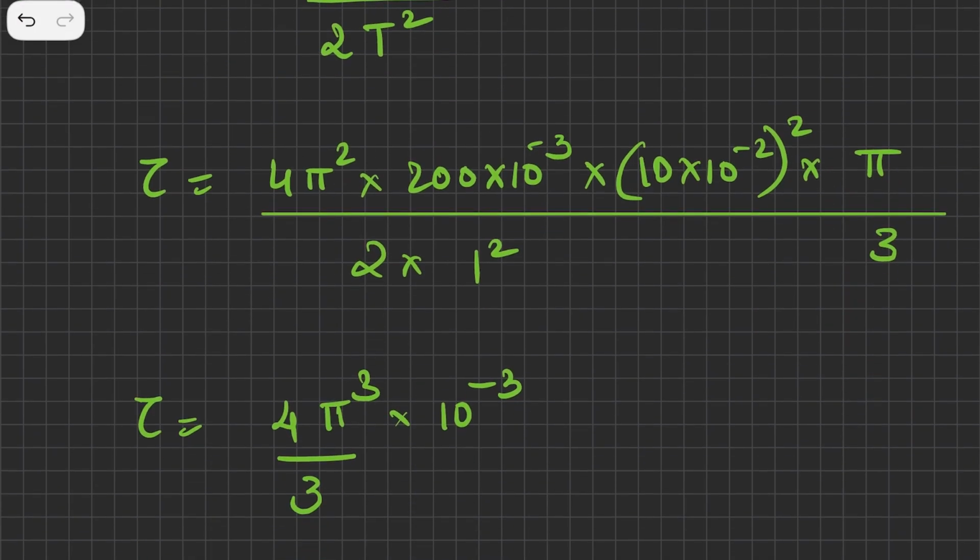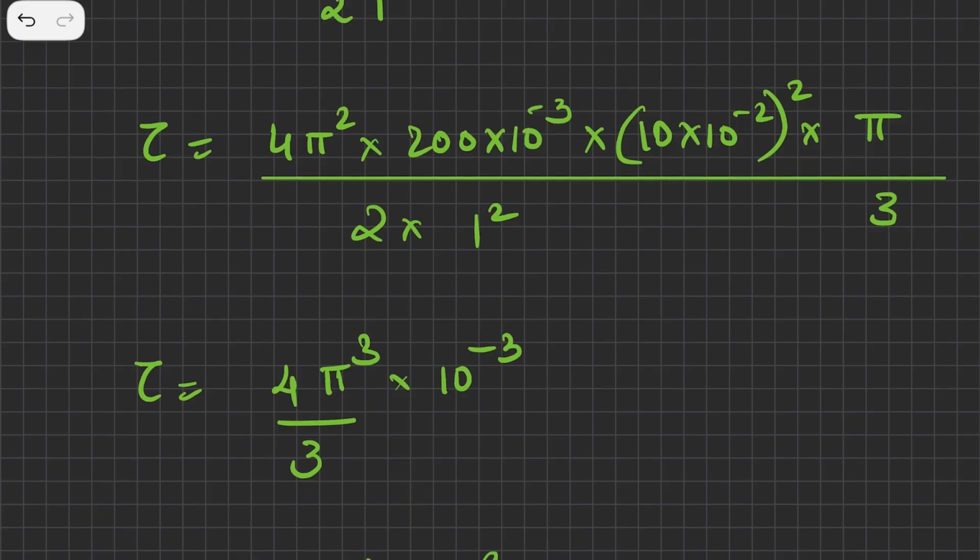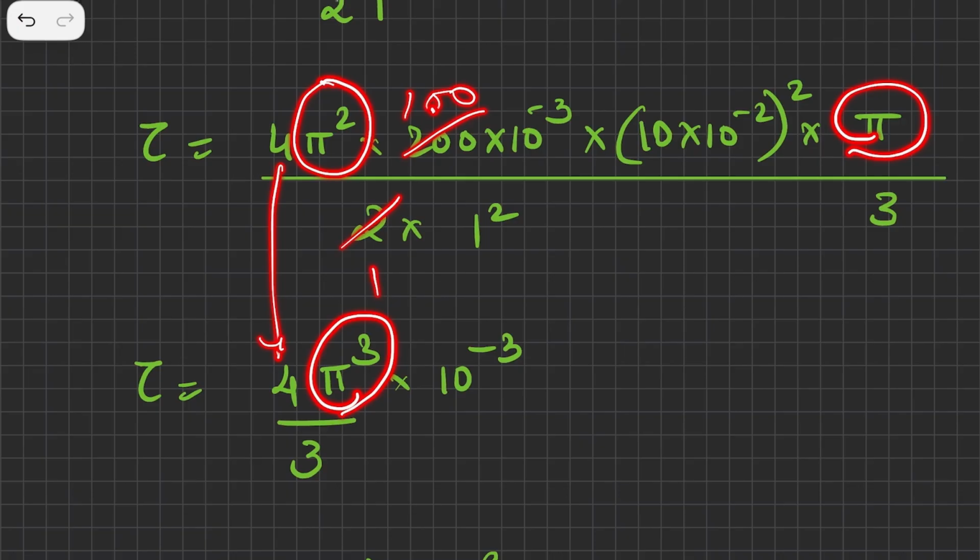Now it's a matter of solving. I've cancelled the 2 hundreds, so this is 100, and this pi and this pi will become pi cube. 4 as it is, pi square becomes pi cube because of that extra pi, and 3 is the denominator.